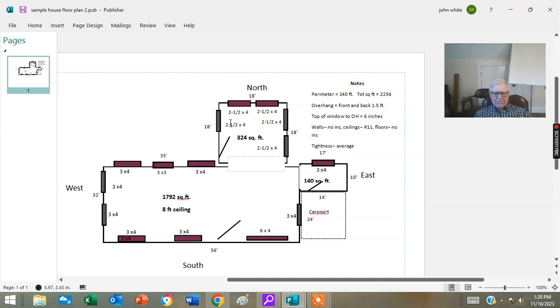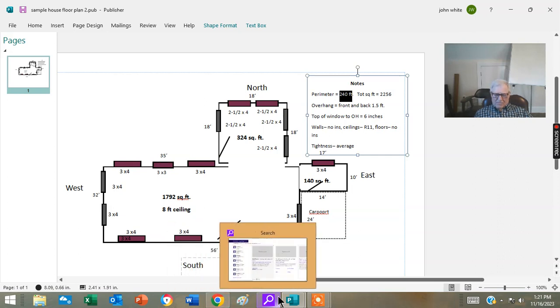To get the gross wall area, you start at one corner of the house and you measure all the way around the perimeter of the house and back. And that happens to come out to 240 feet.